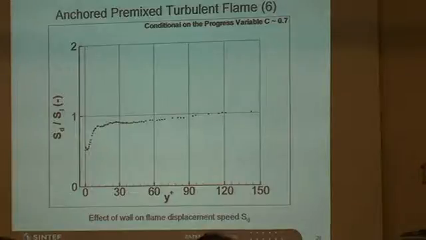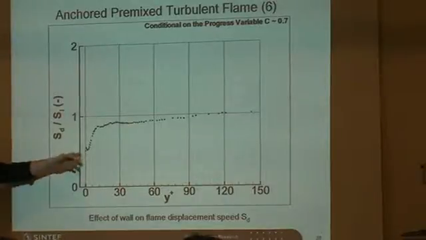But as we go towards the wall, there is a drop. But this does not go to 0. This SD has 3 components, and one of them is given by the reaction, and the reaction is 0. But the other 2 components, obviously, are not 0, since this is not 0.